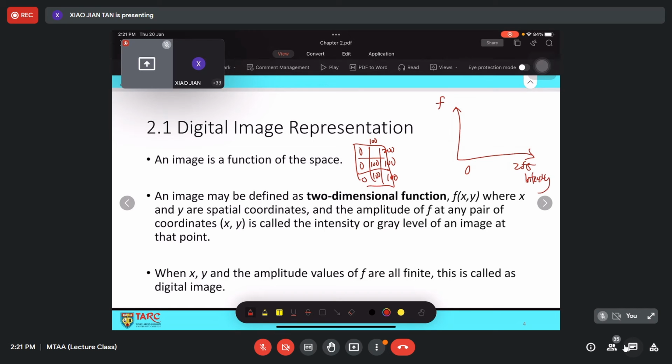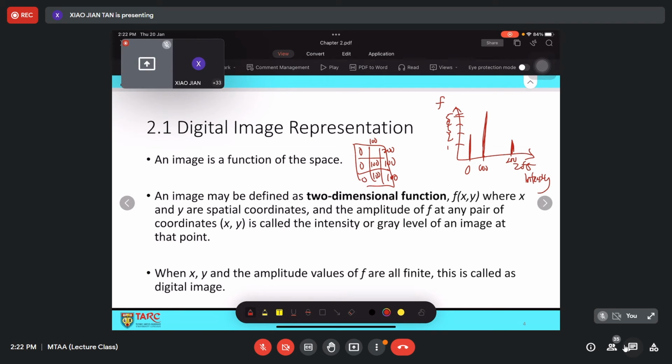Since you have 3 zeros, you would expect 1, 2, 3, 4, 5. You would expect to have 3. Let's say 100 is over here, 5. 200 is here. 200 got how many? 1. Okay, this would be your chart for the intensity histogram.